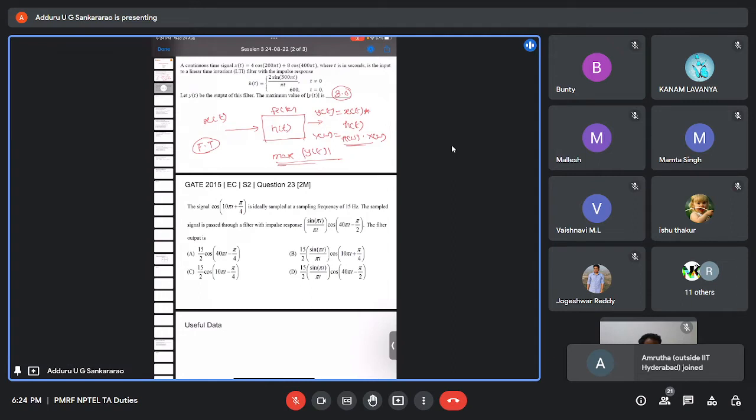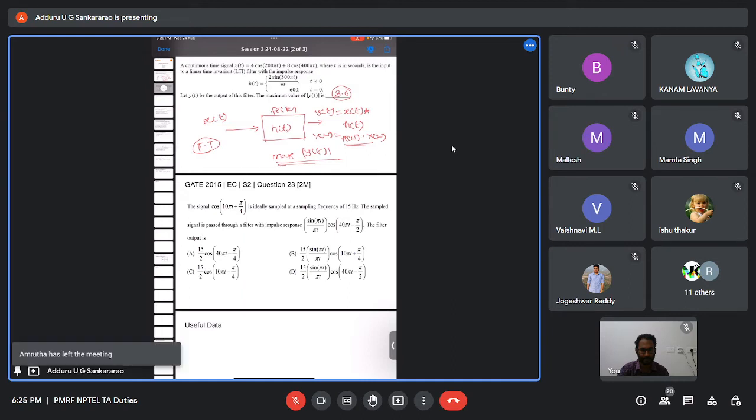Can somebody tell me how we can approach this problem? Based on sampling, one problem we have done in our last class. Similarly, whatever problem we have solved earlier, the first problem, the similar concept we can apply. But here the signal is first going through a sampler.